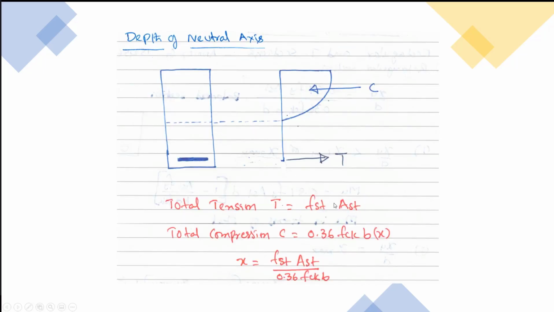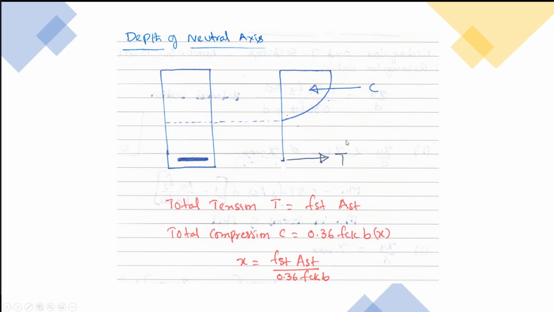Now, the depth of the neutral axis. To keep the section balanced, the tension normally is taken at the bottommost part of the cross section and the compression at the top. That means concrete takes care of the compressive strength, and steel takes care of the tensile strength. So now total tension equals Fst, or Fy times Ast.